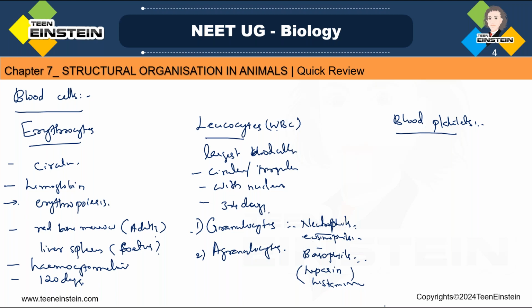And what about agranulocytes? Agranulocytes means they don't have granules, with a non-lobed nucleus. And agranulocytes are of two types: monocytes and lymphocytes.